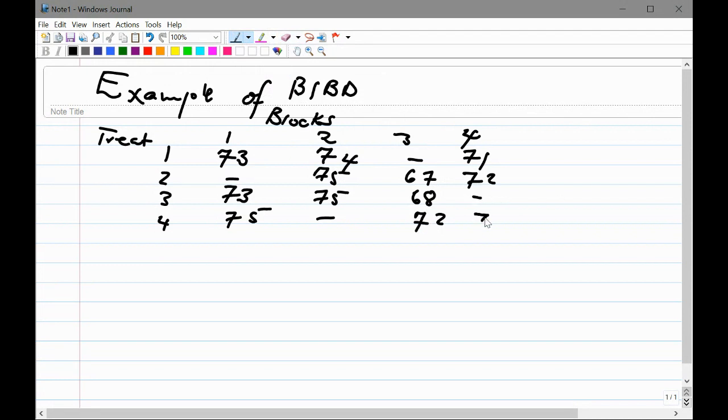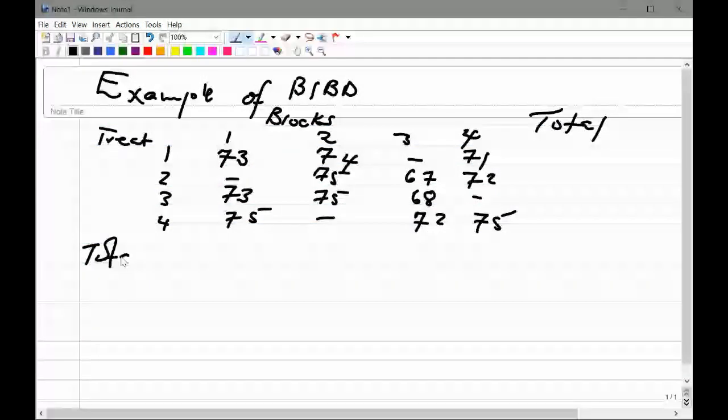And then this one is 75. So what we have to do first, we must find the totals for each row and each column.